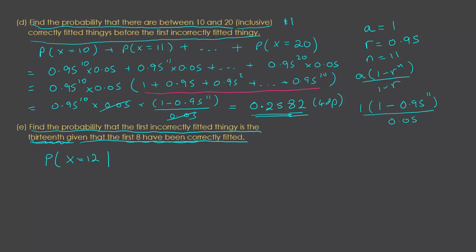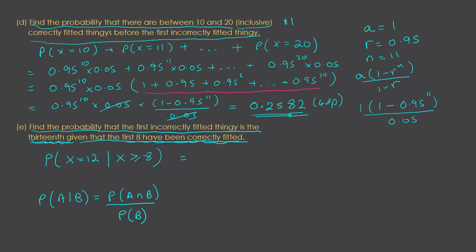And the first 8 have been correctly fitted means we're looking at x is more than or equal to 8. Now, with conditional probability, the probability of A given B is the probability of A and B divided by the probability of B.